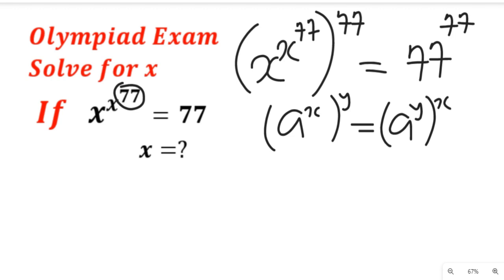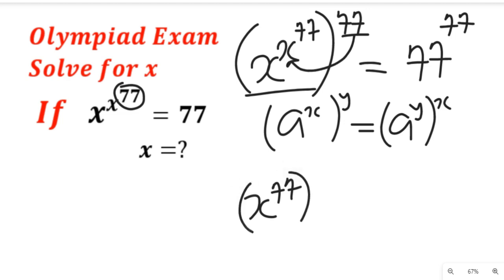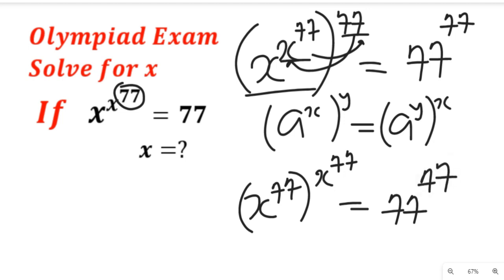So if we apply that over here, this becomes x to the power of 77, with this coming right in, and all of that will be equal to x to the power of 77, with this all going out. So this will be equal to 77 to the power of 77.